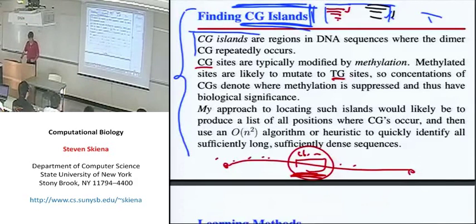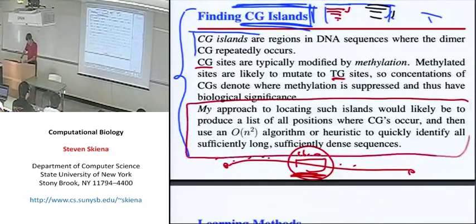Now, if I were given this task, me as the algorithms person, what I would probably say is, oh, biologist, you want me to find CG islands? You mean things with a lot of CGs, right? Yeah, I mean a lot of CGs. So I might do an algorithmic thing and look where all the CGs are: CG, CG, CG.